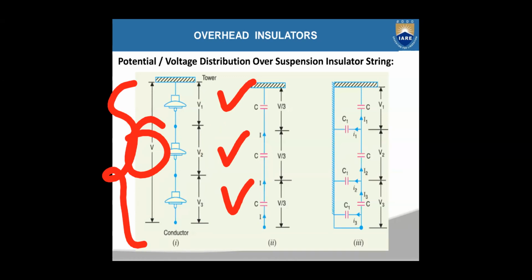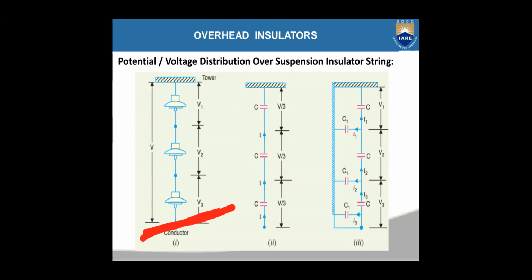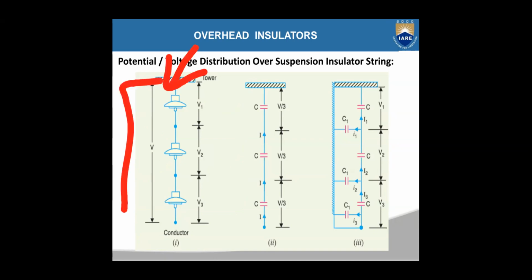Now the final disc's second end is connected with the conductor. Above here, this is called the cross arm, which is connected to the tower. For this cross arm, these strings of insulators are connected.